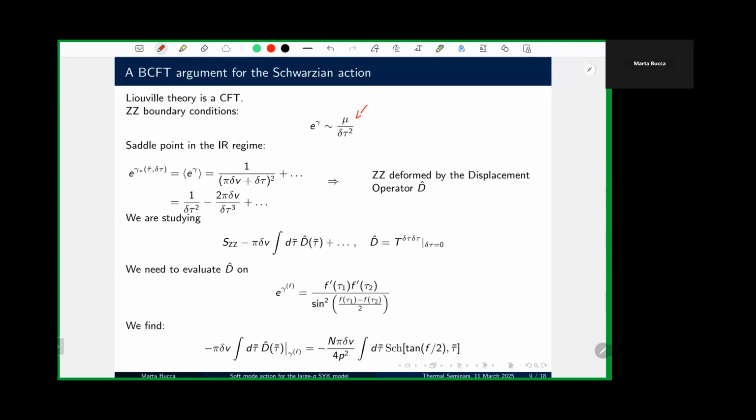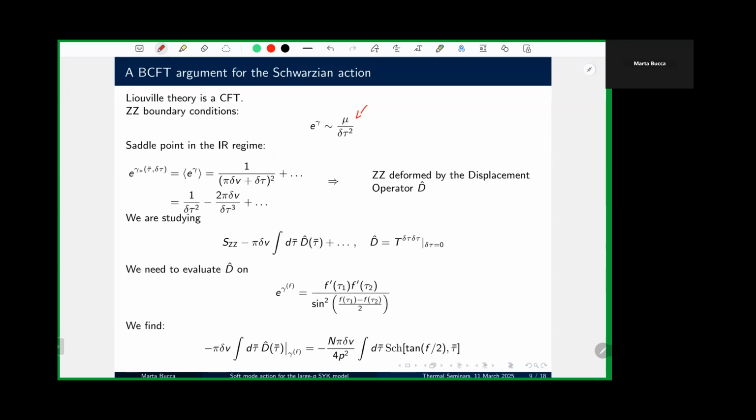And you can see that these are conformal simply by writing delta tau, which under reparameterization gets mapped into f of tau 1 minus f of tau 2. And if you expand near the boundary, you find that after reparameterizing this, you still find mu over delta tau squared.